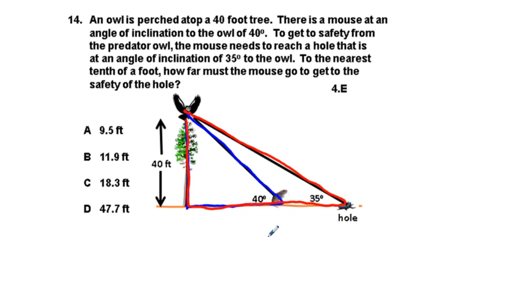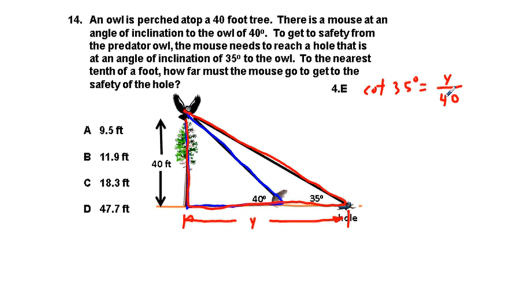And so for the red one here, we're going to have cotangent, this distance here, that's what we're looking for. I'll call this y. So we'll say cotangent of 35 degrees is equal to y over our height of 40.